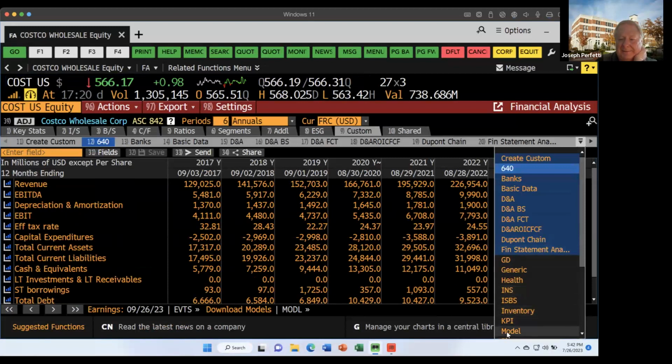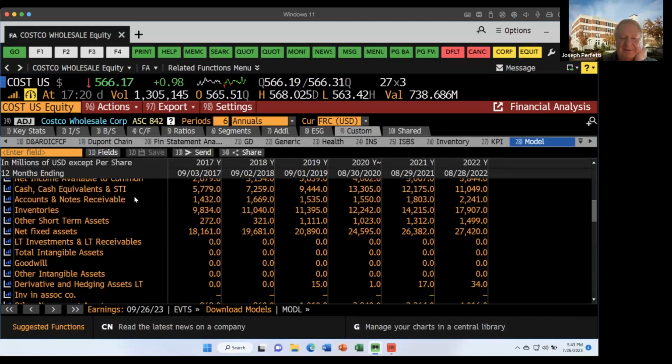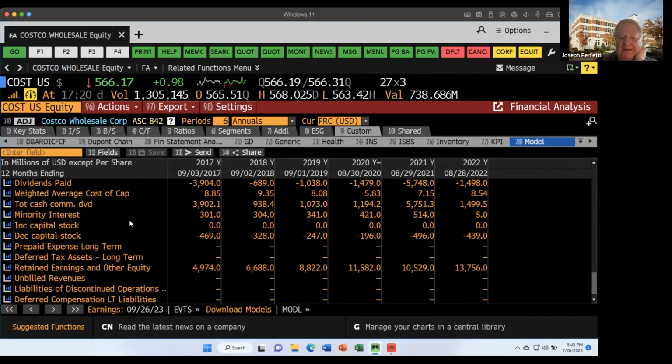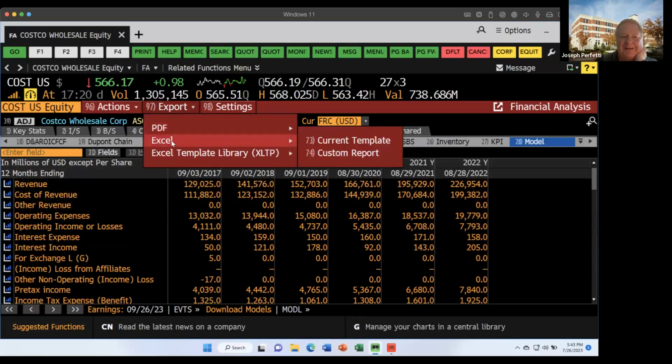And I have a custom template, which I can share with you, called model. And so basically, this is all of the income statement and balance sheet data for the last 6 years for any non-bank company. And so basically, it is this file, which exports to Excel, which then feeds the model that we're going to use in class.